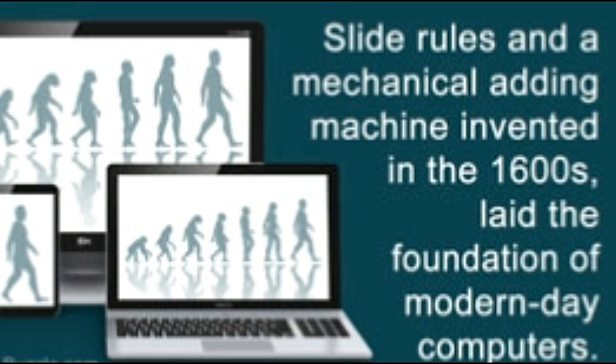Who knew back then that this idea would evolve into intelligent machines? The 1600s witnessed the invention of slide rules, the system of movable rods based on logarithms used to perform basic mathematical calculations, and a mechanical adding machine, which in some way laid the foundation of modern-day calculating machines or computers.